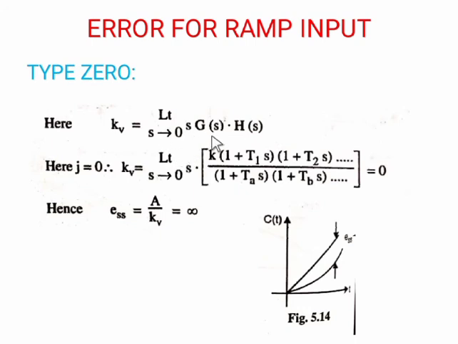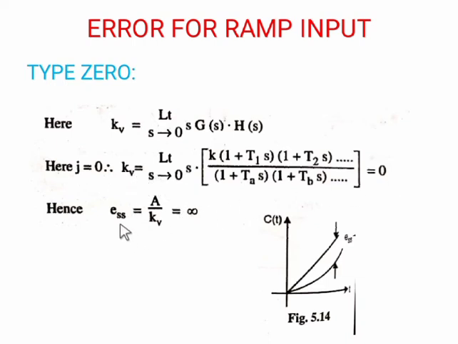This is the Kv defined for the ramp input signal. So GsHs is K(1+T1s)(1+T2s) divided by (1+Ta s)(1+Tb s), but s in numerator. If we put s equal to 0, the whole expression becomes 0. So the velocity error coefficient Kv equal to 0.